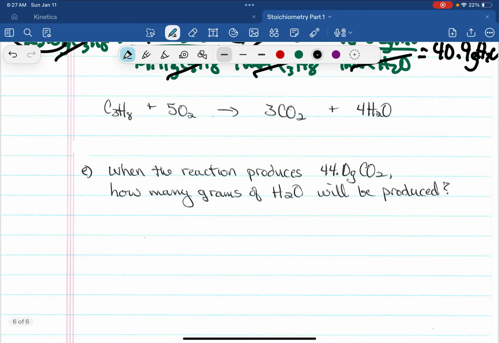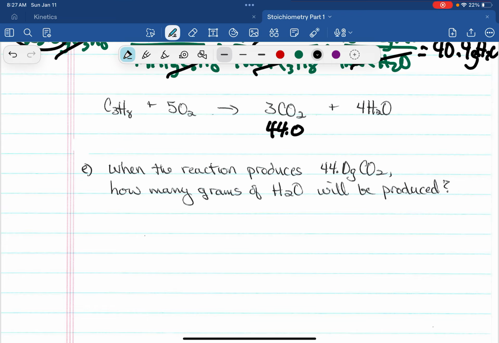Okay, one more, and we are finished. If we want to produce 44 grams of CO2, how many grams of H2O will be produced? Same thing. Given, find. It doesn't matter where we are.